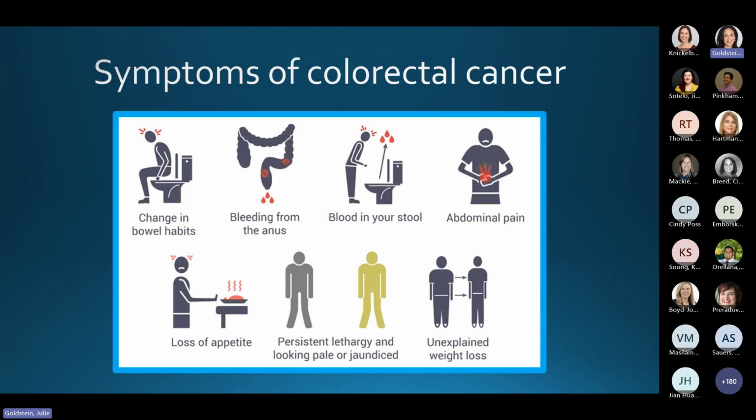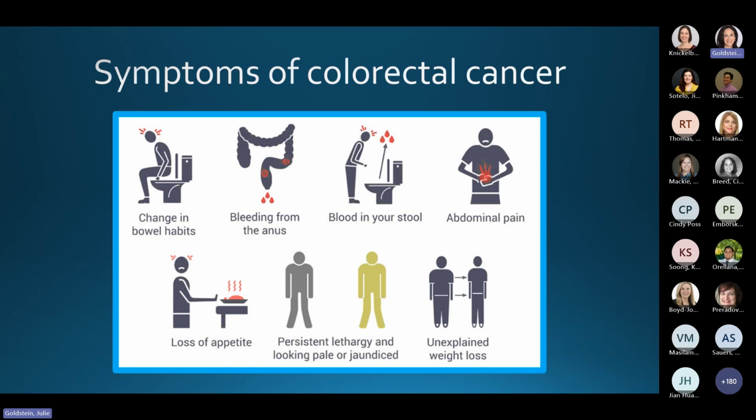It's sent to a laboratory, and then the laboratory uses that stool sample to look for, depending on what type of test is being used, any hidden blood within the sample or any changes within the DNA of the stool that might indicate that there's a cancer or a polyp.